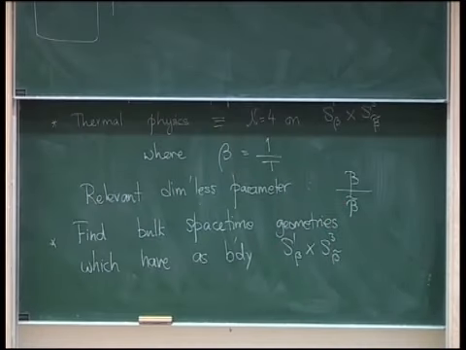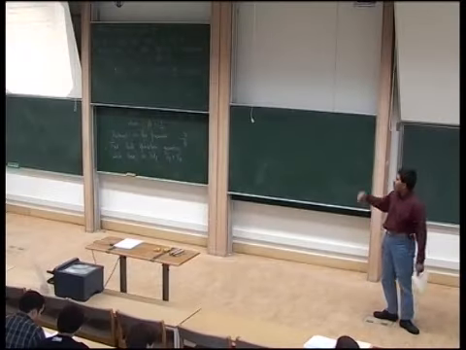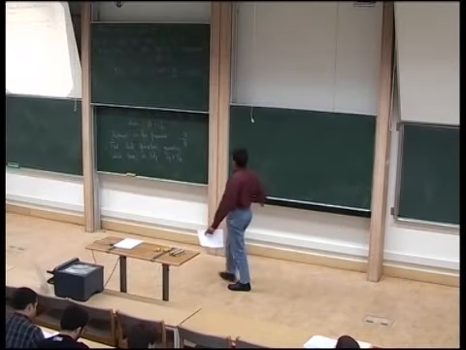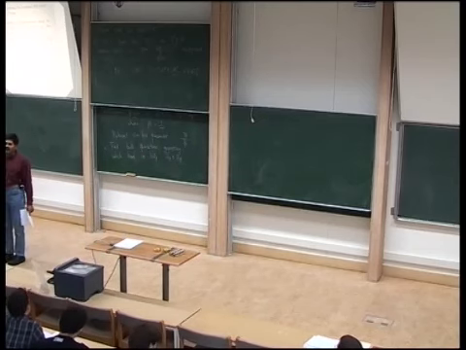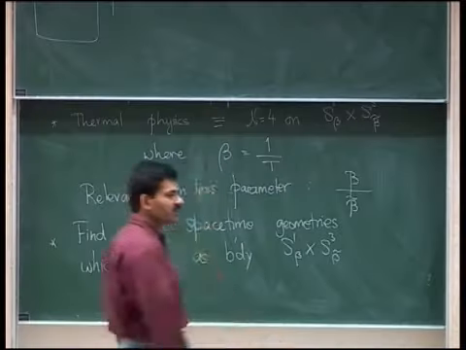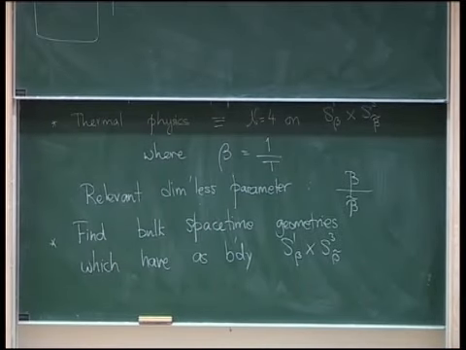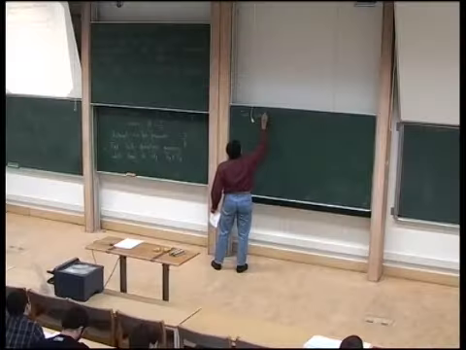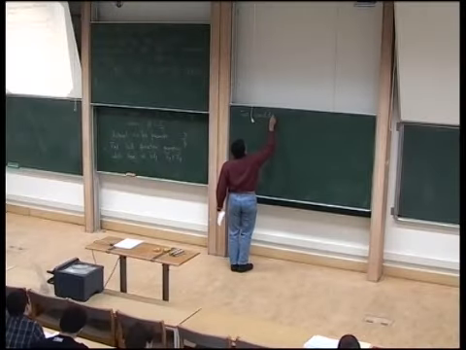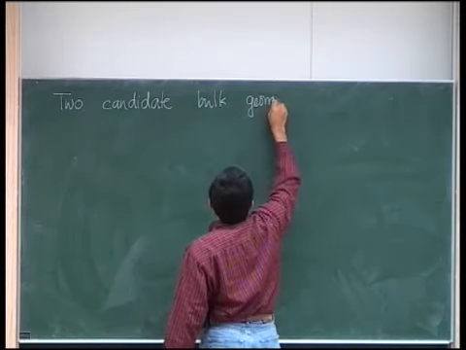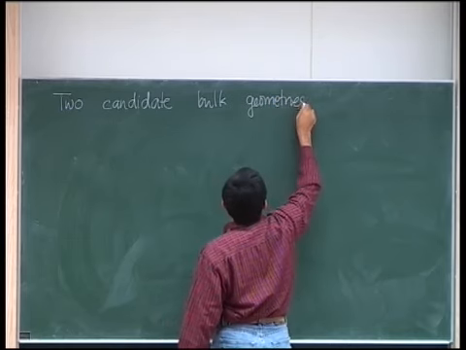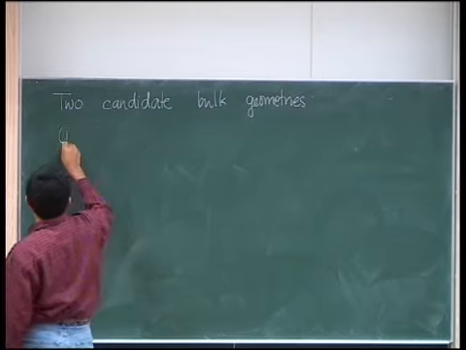And in all the discussion we had so far, I was talking about the vacuum state. There was only one relevant geometry, but here something interesting happens. I have two candidate geometries which extend into the bulk given this particular boundary. I'll give them names and then describe to you what the two geometries are.